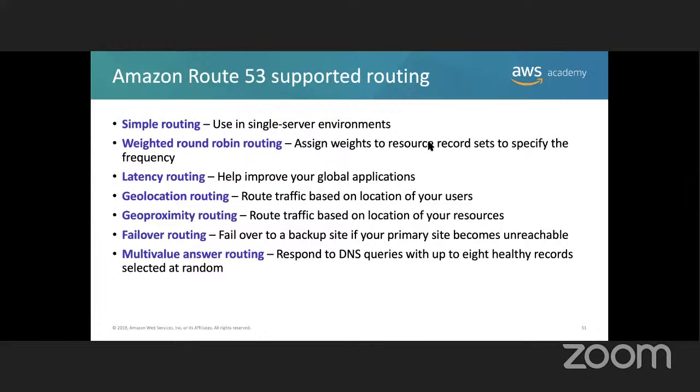In this case, 75% of the time, Amazon Route 53 will return the record set with weight 3, and 25% of the time, Amazon Route 53 will return the record set with weight 1. Weights can be any number between 1 and 255.